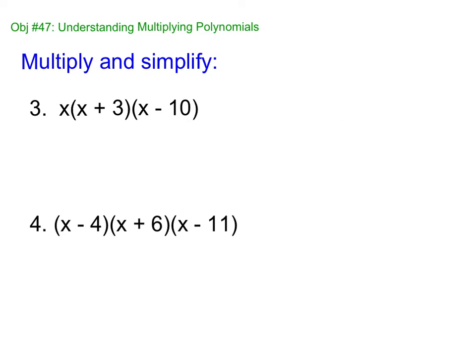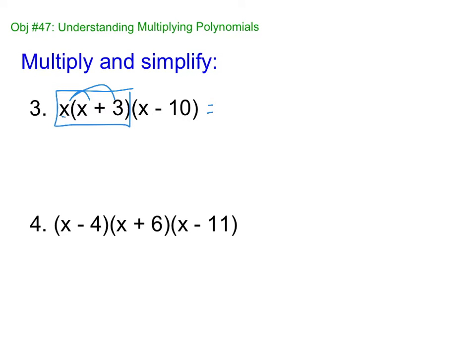Okay, similar, but now we have 3 things multiplying. So what we really need to do is just start with 2, do 2, and then add that other one in. So number 3 is not so bad. Start by multiplying those together. What's x times x plus 3? And we only multiply into that first guy.